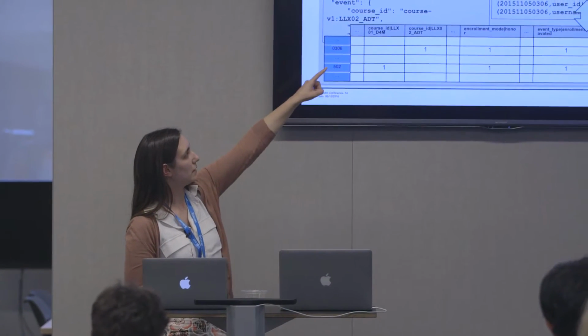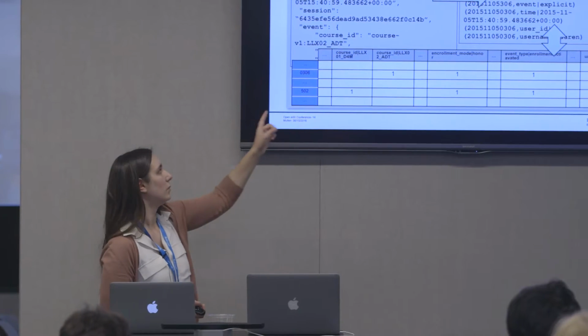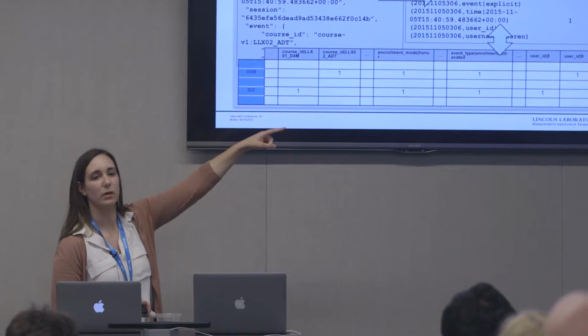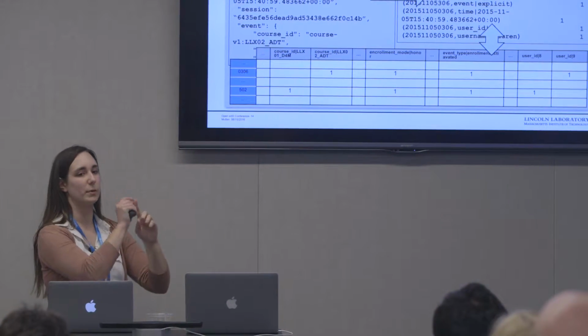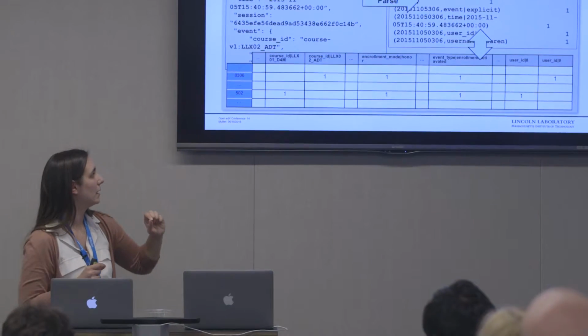So to show you what this looks like, we have first the raw JSON file, and we parse it into the D4M associative array, which is a triple representation. You can see that the row key is all the same in this one because I'm only showing one row of data, and it's going to give a triple for each entry in that row.